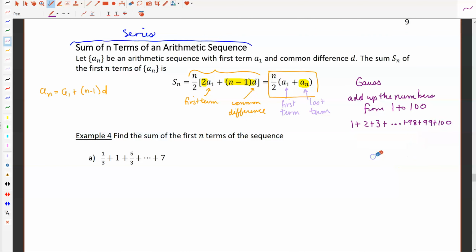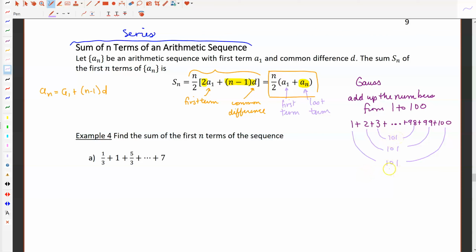Okay, here we go. All right, so if I add the first and the last term together, 1 plus 100 is 101. If I add the second and the second to the last term together, 2 plus 99 is 101. If I add the third number in the sequence and then the third from last number, 3 plus 98 is 101. So you can see there's a very interesting pairing of sums.